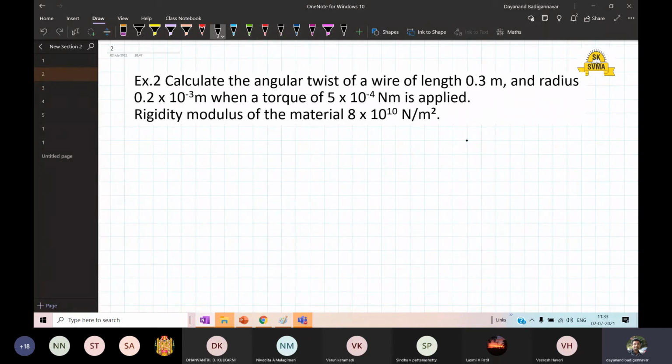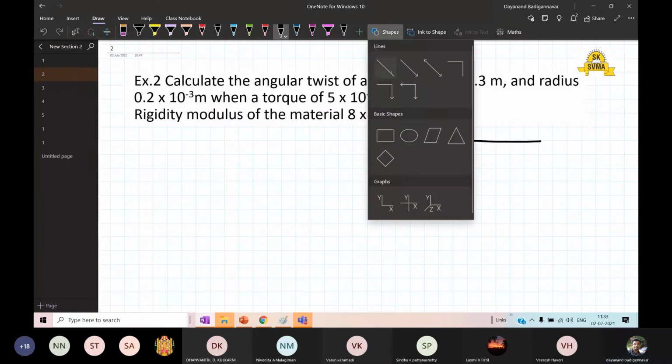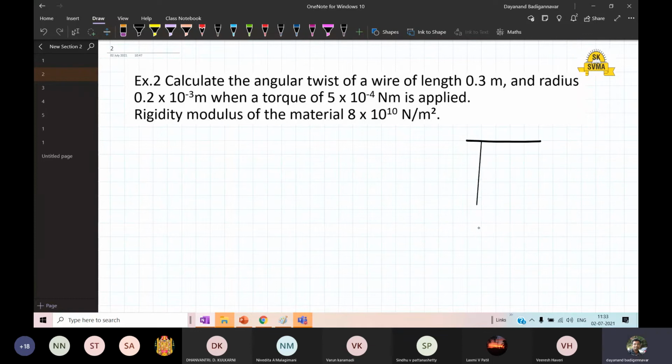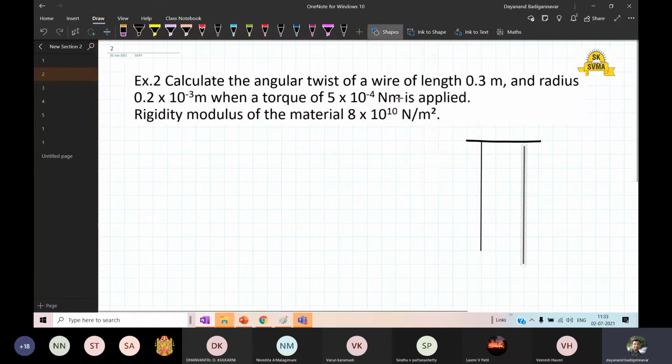I have a wire, which is in the form of a cylindrical wire.